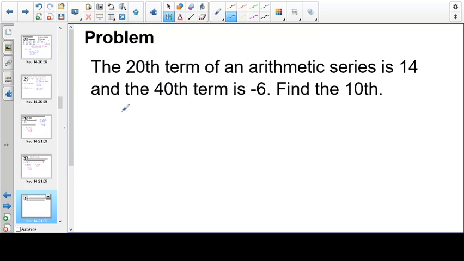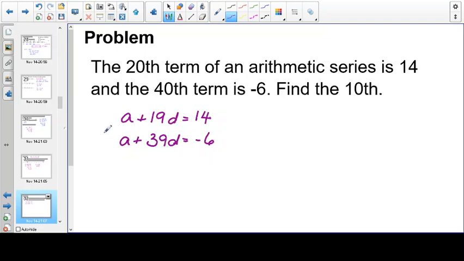So the 20th term, A plus 19D, that's the 20th term, is 14. And A plus 39D, that's the 40th term, is minus 6.